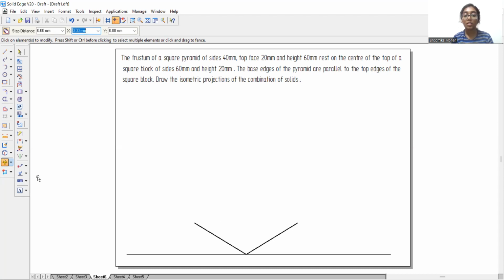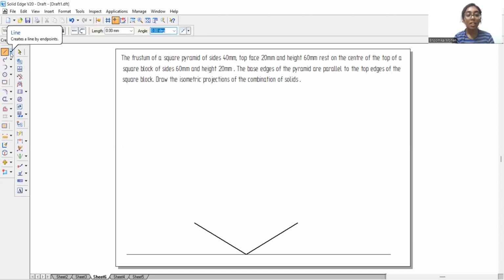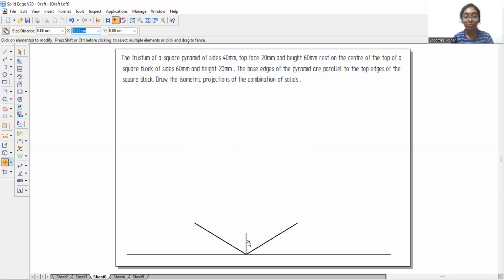And since the question says square block of height 20 mm, we have to draw the height 20 mm first using line tool and thickness 0.50 mm. Using move tool, we can draw similar lines and complete the square block.